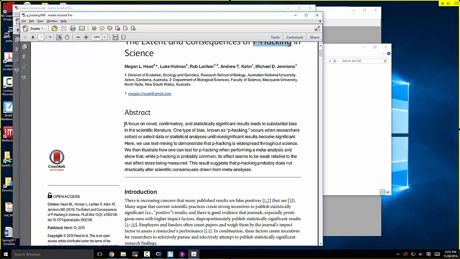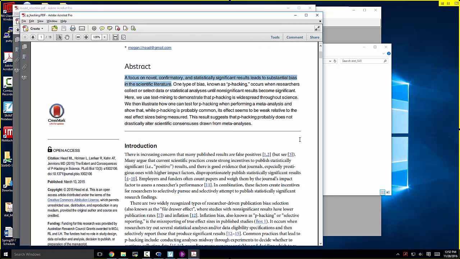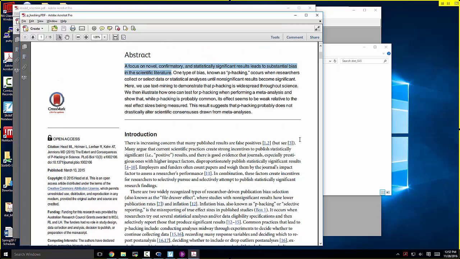Okay, so a focus on novel, confirmatory, and statistically significant results leads to bias in publication. There's something called publication bias, and let me just say something about that briefly.